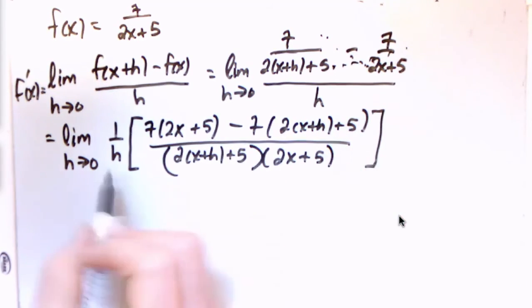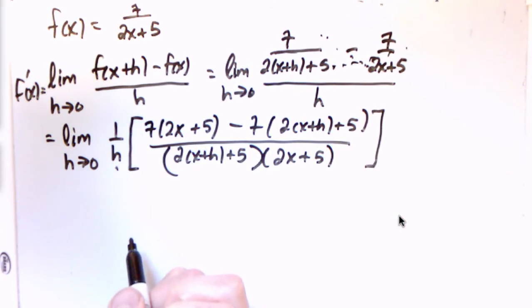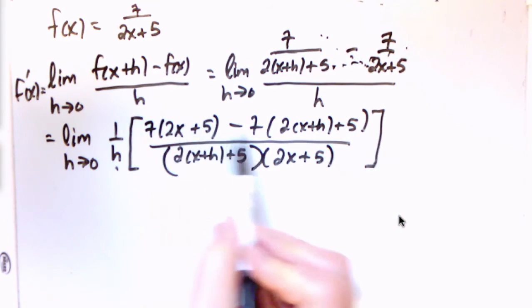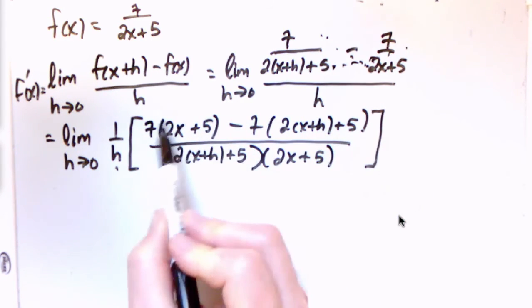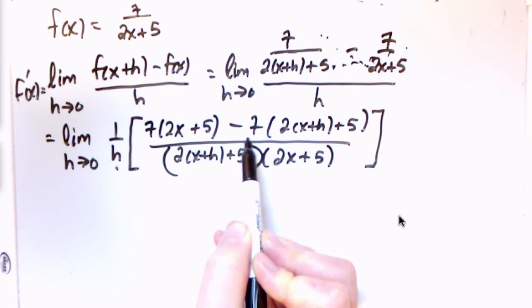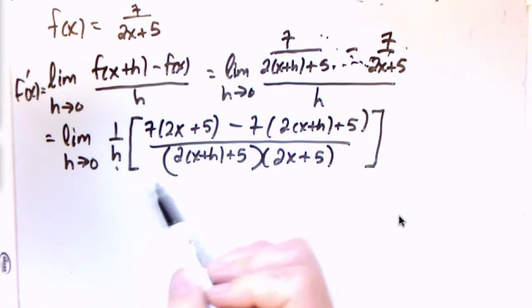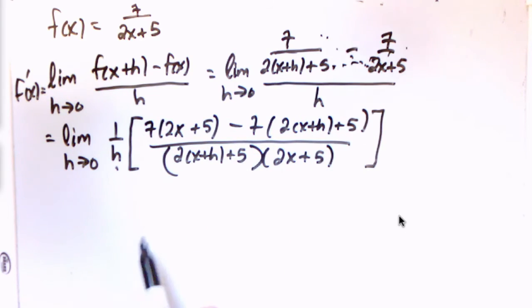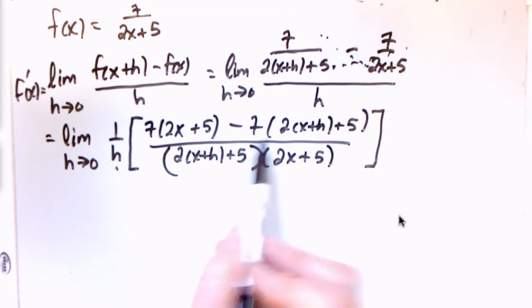My goal is to cancel out this h here. I'm going to have to cancel it with something up here, so I'm going to focus my attention on the numerator. I need to find an h up here that will cancel. I can't just cancel an h because I see an h. I have to make sure that I have a common factor of h to cancel out this h.